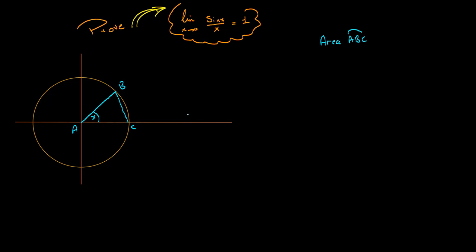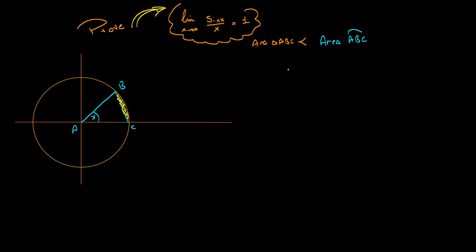It's clear that the area of triangle ABC is smaller than the area of the sector, because we have an extra area, this segment. So I can write that the area of triangle ABC is smaller than the area of the sector ABC.